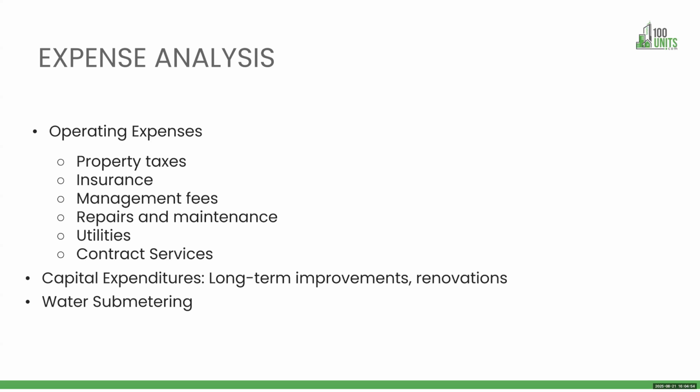Management fees, repairs, maintenance, utilities, contract services, operating. Here's one of the big things you will see. If you see expense ratio way up in the 60s, that's a flag for someone to say, oh, there's an opportunity here. A whole lot of it is either they're overcharging through maintenance, or they have some serious problem with their utilities.